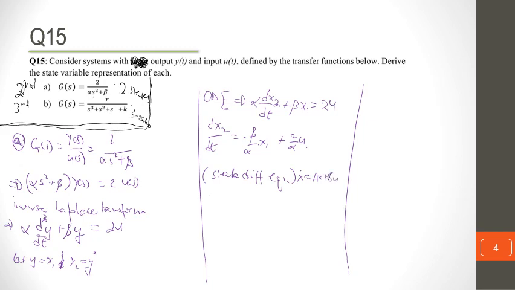So we can write x1 dot is equal to x2, since x1 is equal to y and x1 dot is y dot, which is x2. x2 dot is given by the equation above, and that gives us minus beta over alpha x1 plus 2 over alpha u.